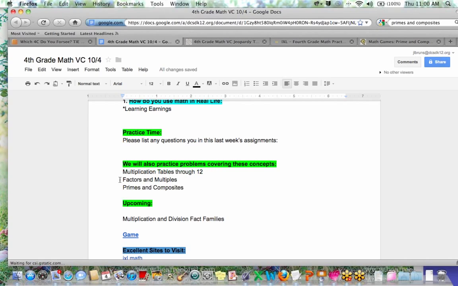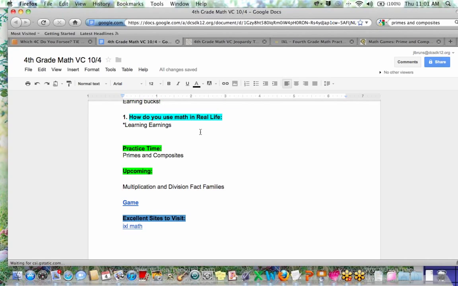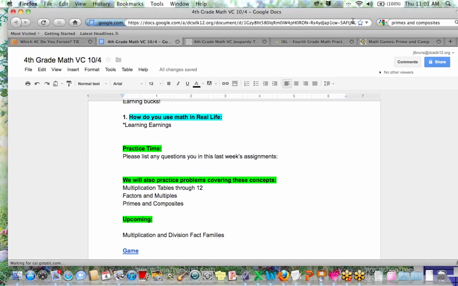We're going to talk about factors and multiples, and we're going to talk about prime and composite numbers. So those are all things that you're kind of studying right now. And then very soon, you're going to be talking a little bit more about multiplication and division fact families. And then we also have a game after we do some practice. So are we ready to get started? Let me see a thumbs up.